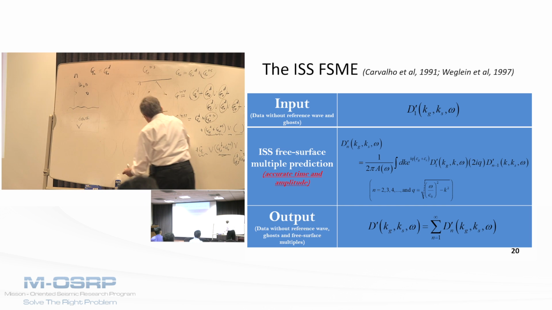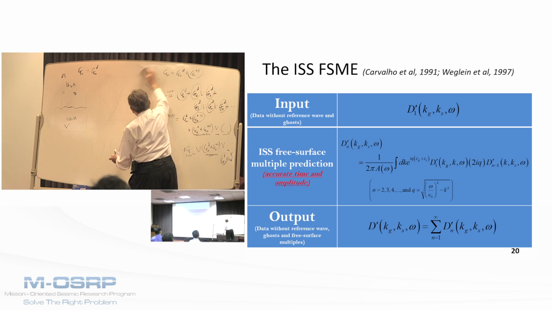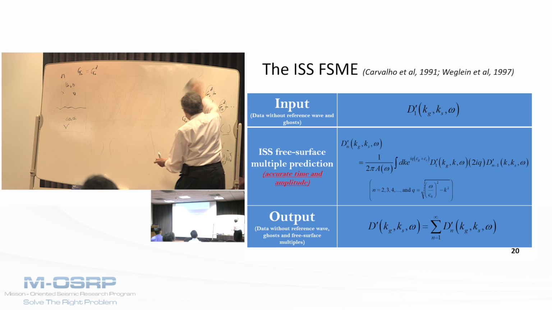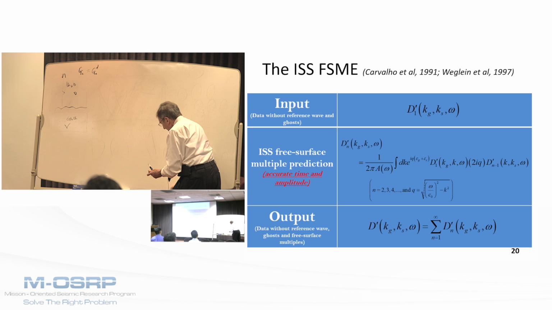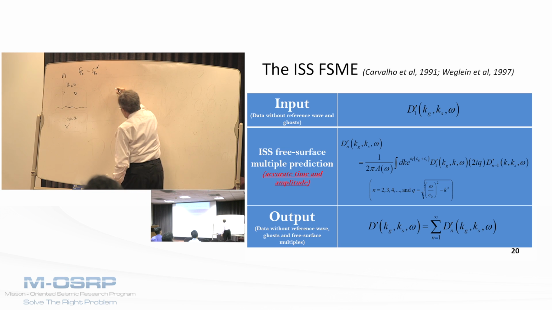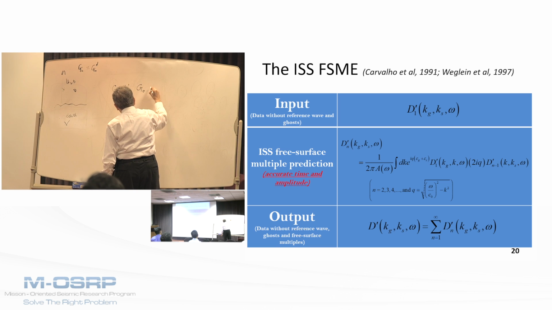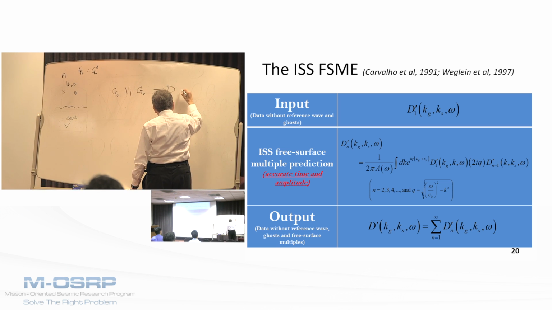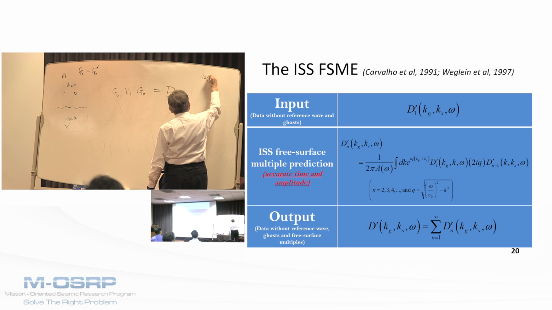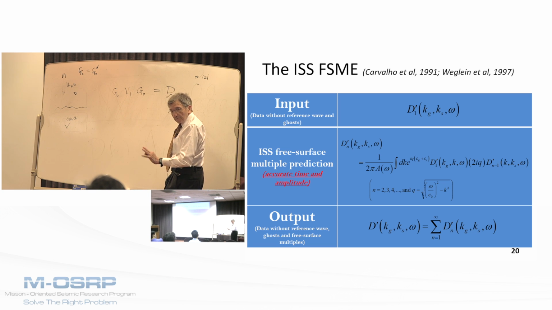Okay, so let me write down one or two. I'm going to write down G0, V1, G0, equals the data. And this data is going to have the reference wave removed, no reference, but yes, ghost still.